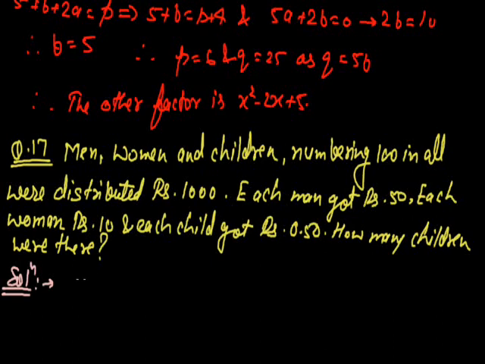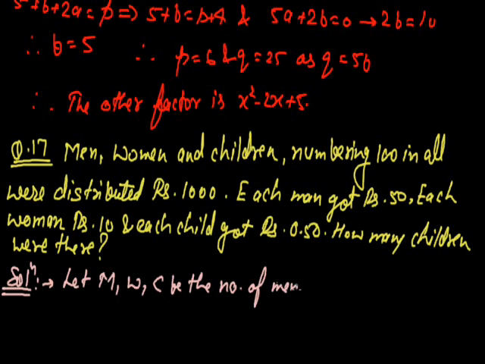To solve the above question, let M, W, C be the number of men, women and children respectively.